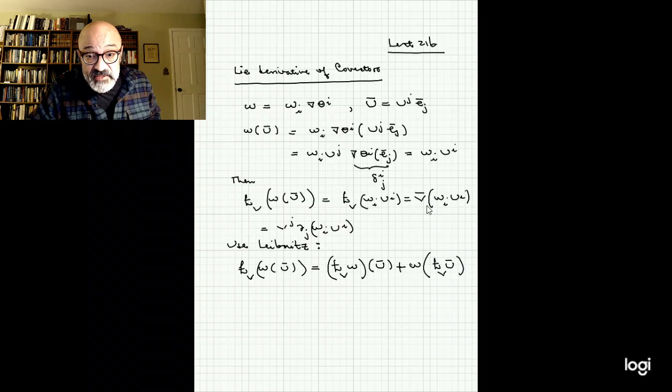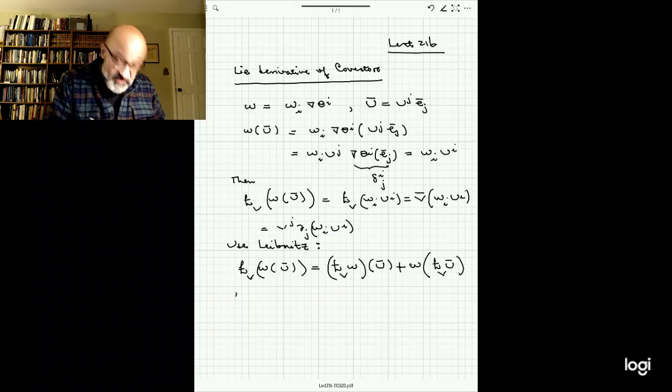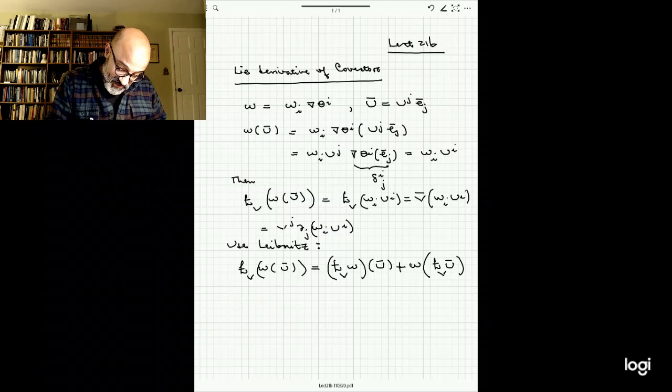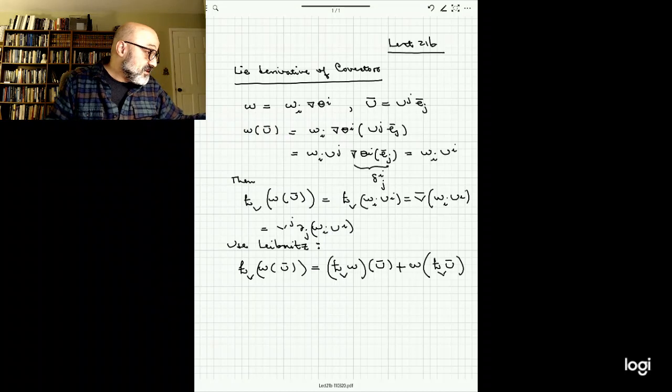Let us subtract one from the other, and what we get is that the Lie derivative of V acting on ω(u). Well, maybe before we do that, it's better if we just compute these terms here. Let me check. Yes.